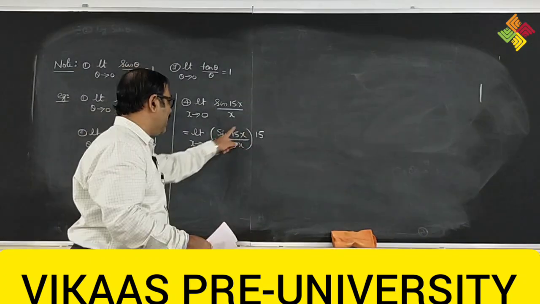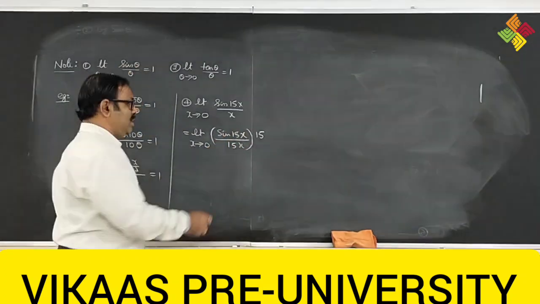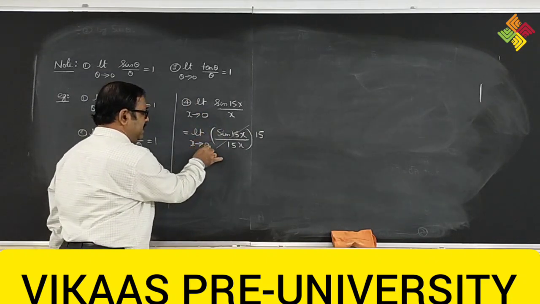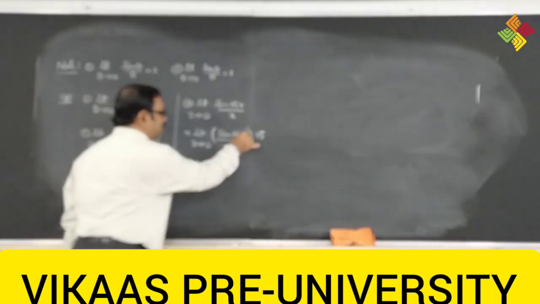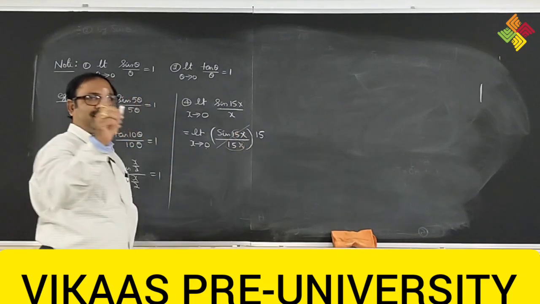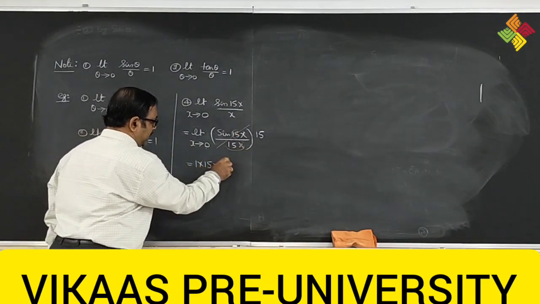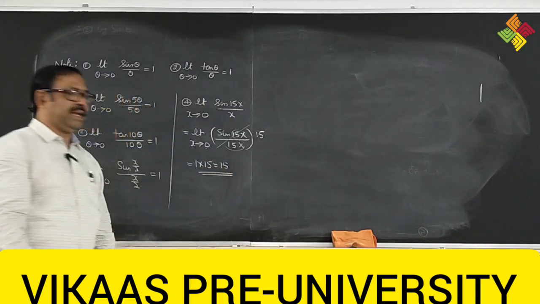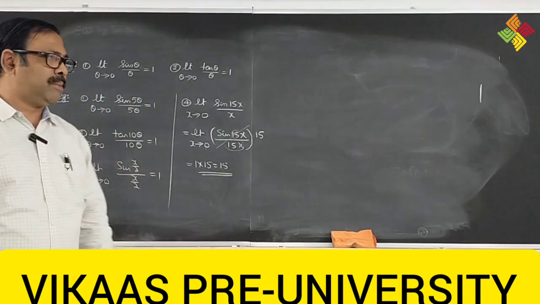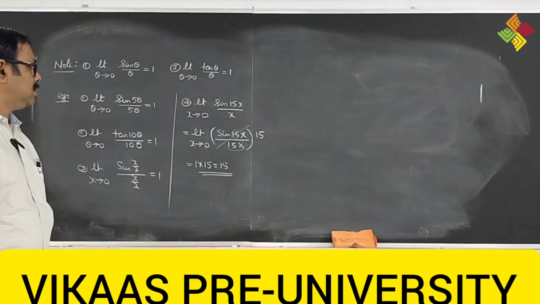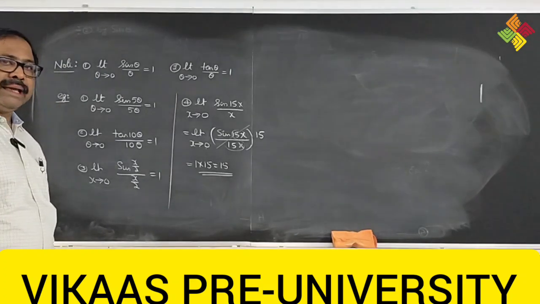Now this part is 1, because limit of sin theta by theta is 1. So this is 1 into 15, which is equal to 15. Follow the point? The idea is clear to all of you.